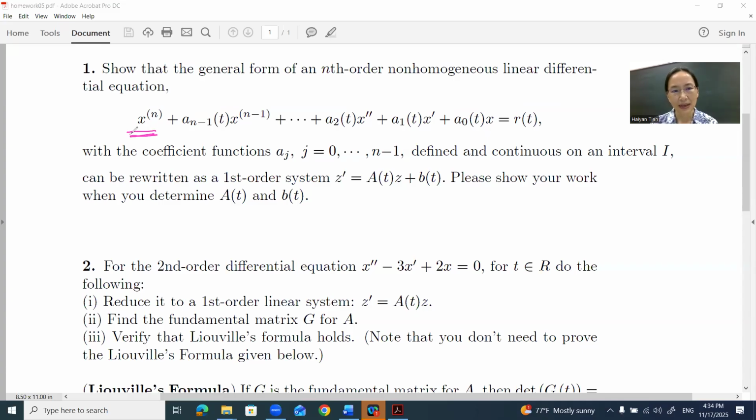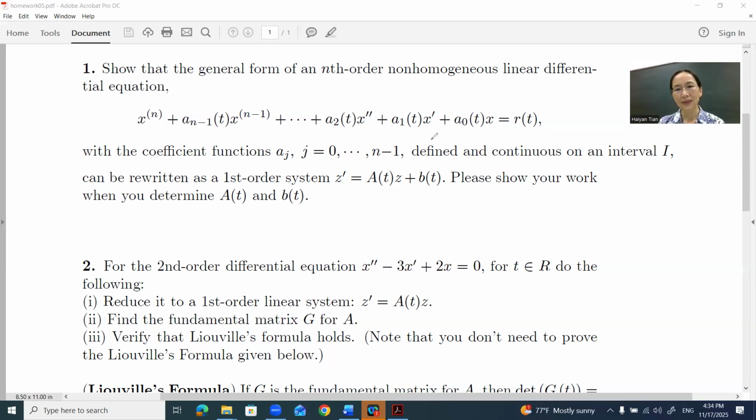So for this higher order differential equation, just one single equation, can you reduce it to the first order system? Yeah, you know this technique, but now apply it. That means you will have more equations, but the order of each equation will be only first order, right? So you have a system of first order.